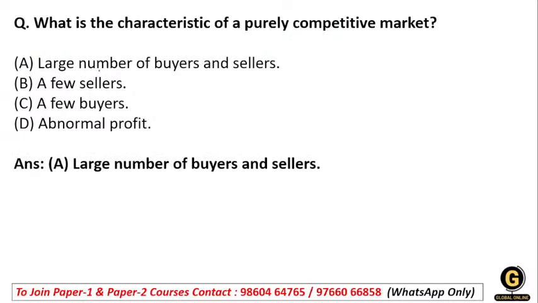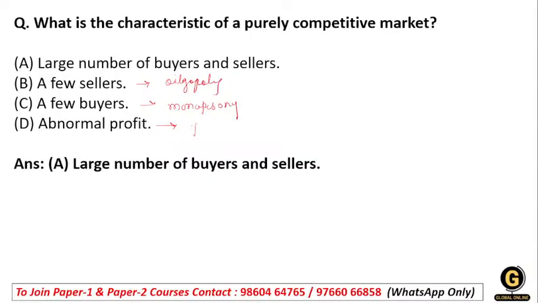But what about option number B, few sellers? Few sellers only happens in oligopoly. Few buyers happens in monopoly. Then abnormal profit: a purely competitive firm earns only normal profit in the long run, because free entry and exit of firms eliminates abnormal profit.